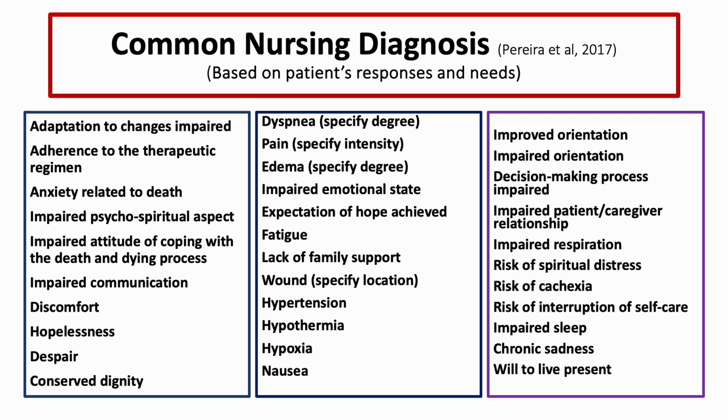But please remember, your nursing diagnosis is based on the patient's response and needs. Please take a look at the subjective and objective data that support your diagnosis in the patient.